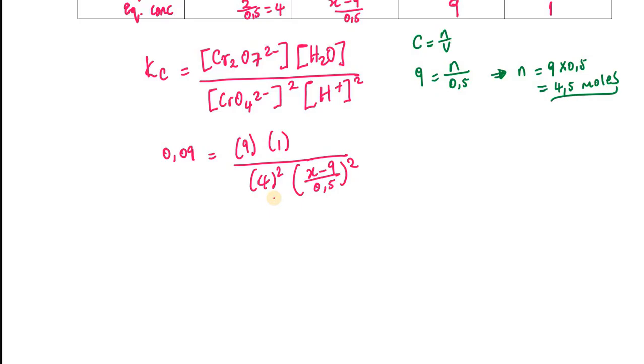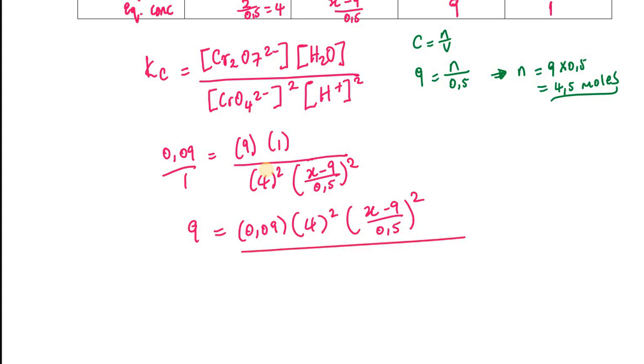But let's do it. So cross multiply. 9 is equal to 0.09 times 4 squared times x minus 9 over 0.5, all squared. Then you divide by 0.09 times 4 squared, so this cancels that.